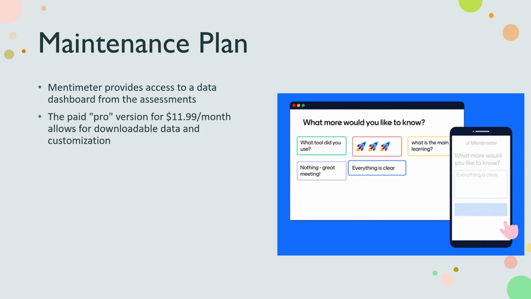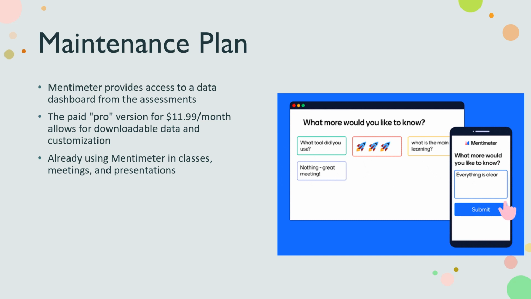What I will say is the Pro version, which is the paid version for $11.99 a month, it allows you to download and export that data as I think a CSV Excel file. So you can do more with that data rather than just reviewing it on Mentimeter's website. So that's really appealing for a number of reasons, especially, for example, us as researchers in our instructional technology program at Northern Illinois University, right?